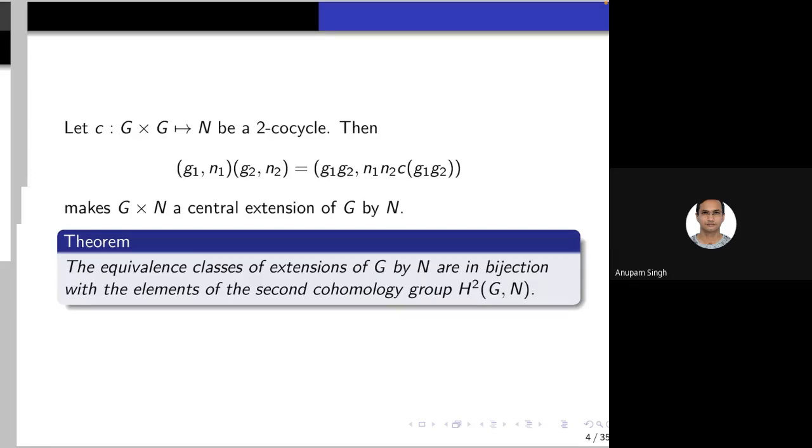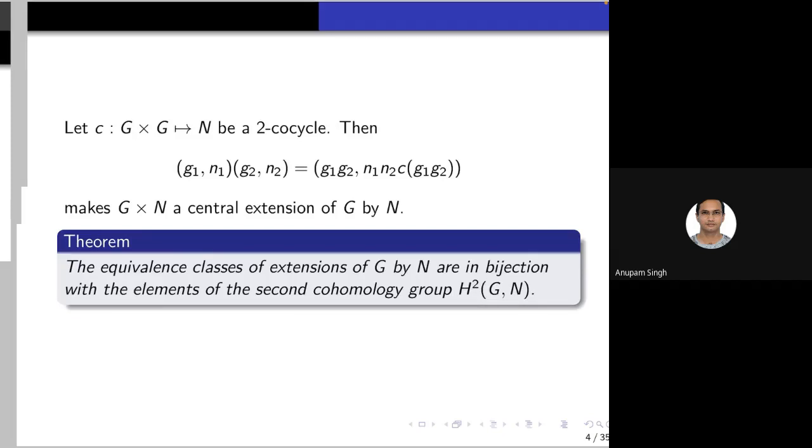That makes G cross N a group, and moreover a central extension of G by N. So this gives us a correspondence between the central extensions of G by N and the second cohomology group H2(G, N). The theorem says that the equivalence classes of extensions of G by N are in bijection with the elements of H2(G, N).